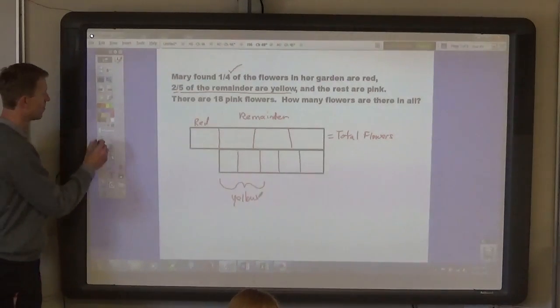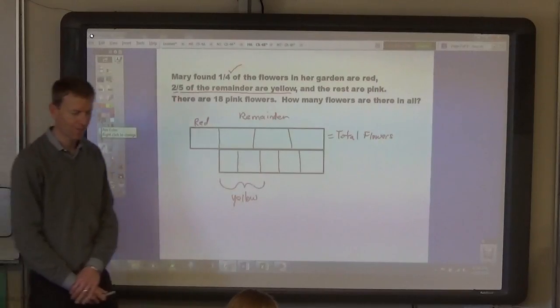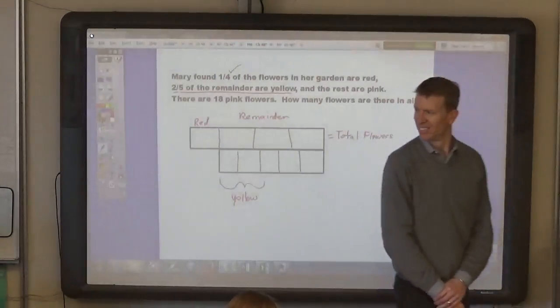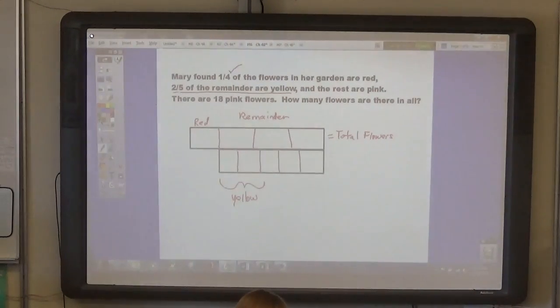See if you can figure it out from there. So label the rest of it. It's helpful to do that because then it shows me how to use those words.